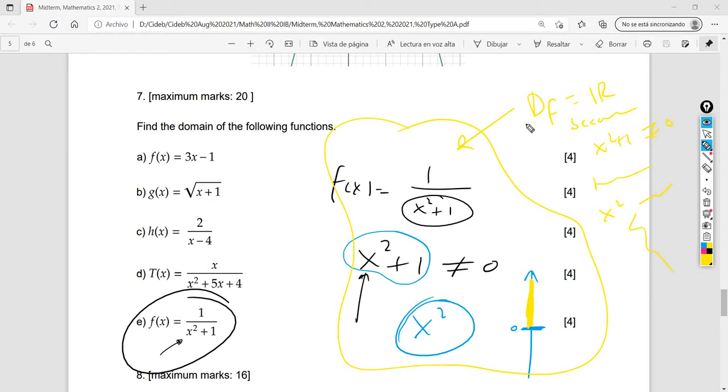Okay, so the domain is all the real numbers. We don't run the risk of dividing over 0 because of this exponent. This exponent saves us from such a problem.